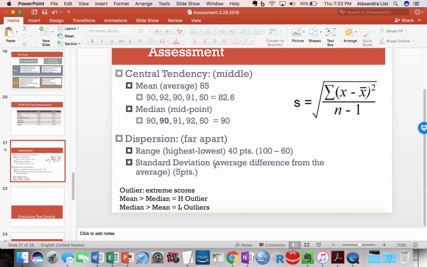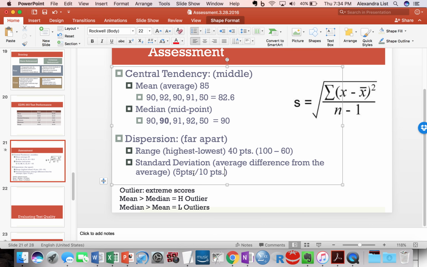So what does that mean if my standard deviation is 5 points versus my standard deviation is 10 points? What that means is it's asking the question of how closely concentrated students' scores are. And so generally speaking, I want a small-ish standard deviation.